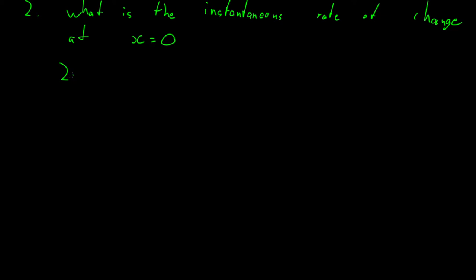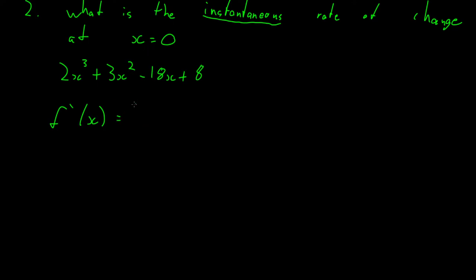So again, we've got 2x cubed plus 3x squared minus 18x plus 8. So when you see the word instantaneous, that means you have to take the derivative.